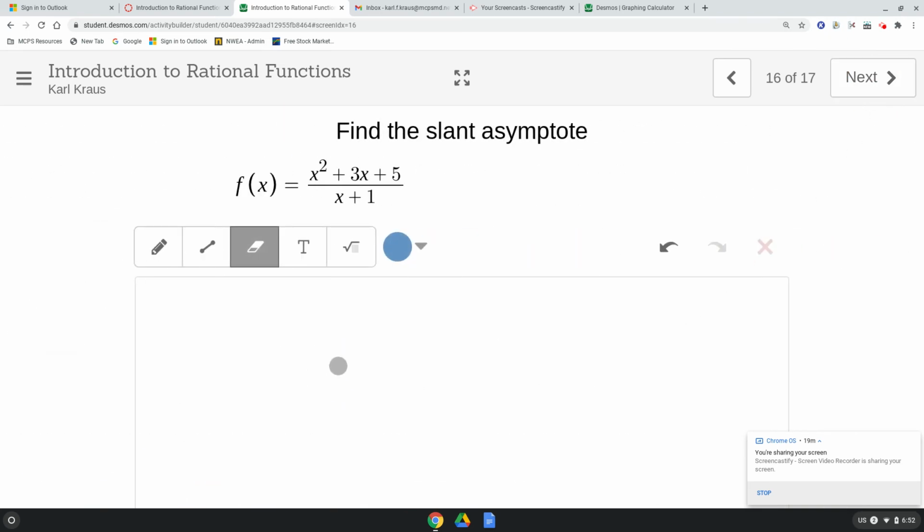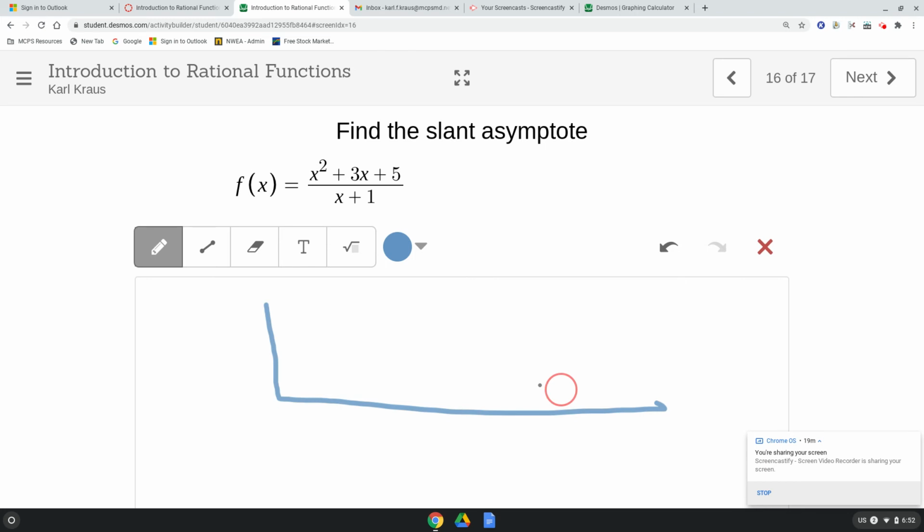So find the slant asymptote. Since the divisor is degree 1 and its leading coefficient is 1, we could use synthetic division again. So you get negative 1 here, 1, 3, 5. Bring down the 1.